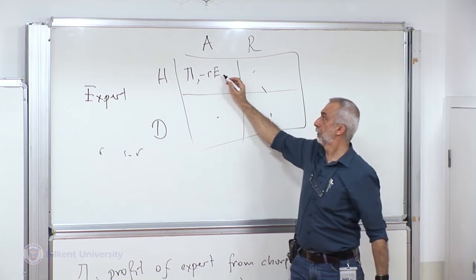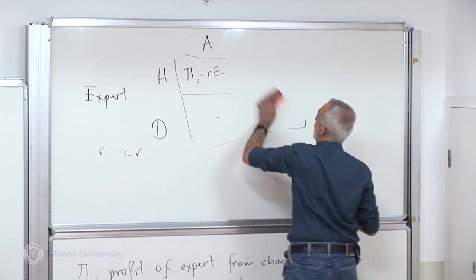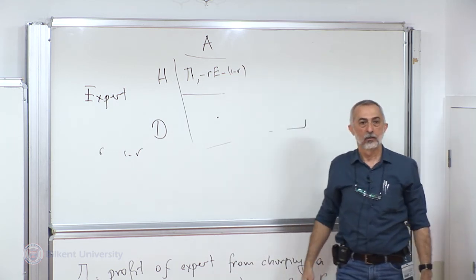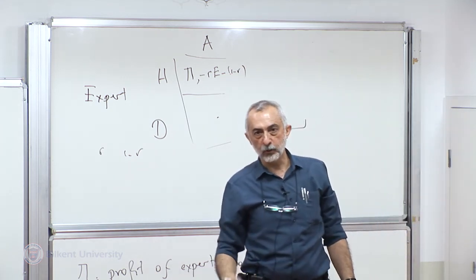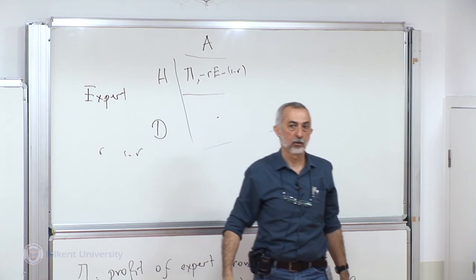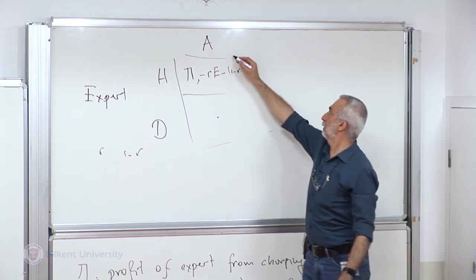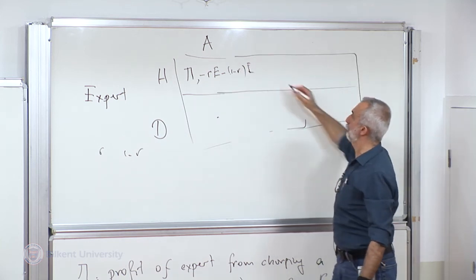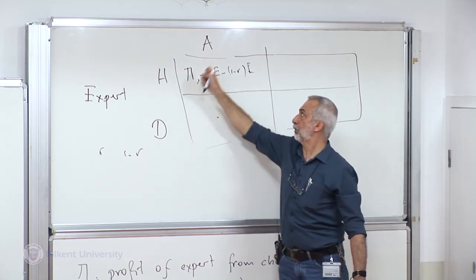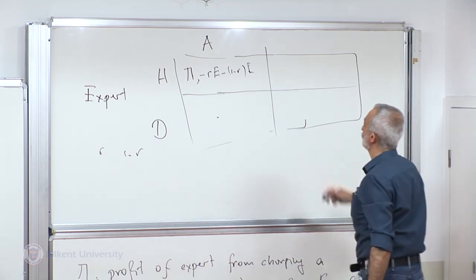And minus 1 minus r: with probability 1 minus r, the problem will be a minor problem, and being an honest expert, he's going to charge I units from it. So that's the expected payoff of the players when the expert is honest and the consumer always accepts the offer.